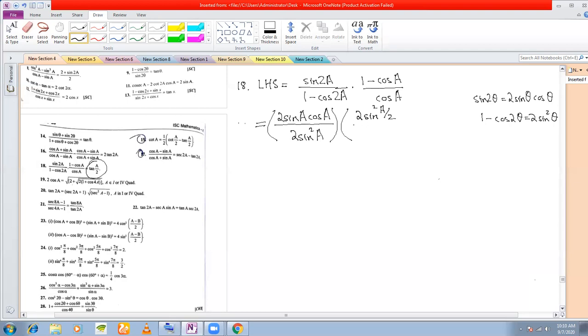And cos a we'll write as it is, because we see that I have a cos here and I have a cos here which will cancel each other. Also, what will cancel? This 2 and this 2 will cancel. So what am I left with? Let us write what I am left with. I am left with a sine a. I am left with a 2. I am left with a sine square a by 2.